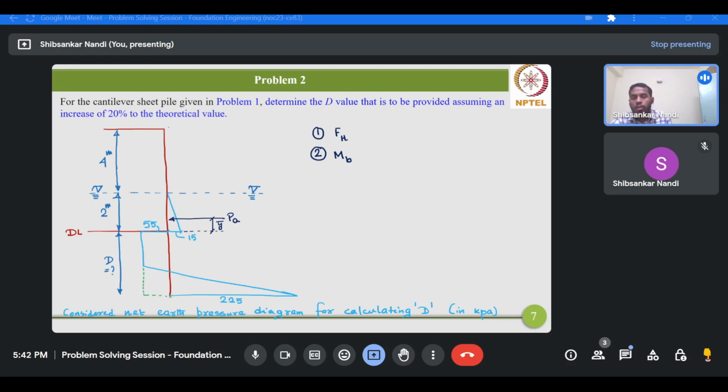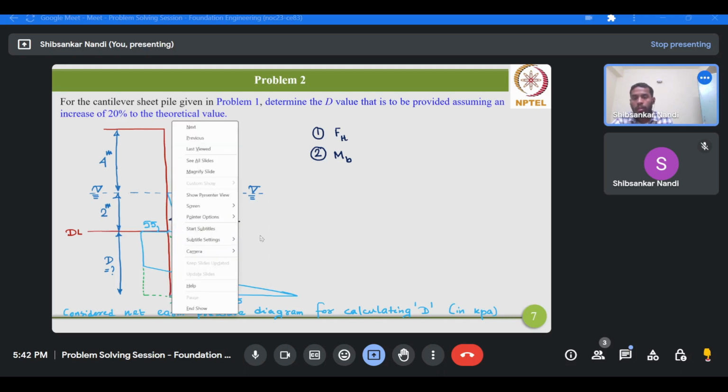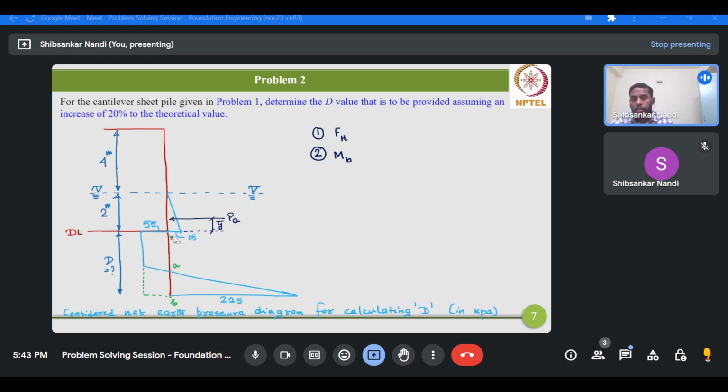So suppose this is your point B, this is your point A, this is your point C. Okay, C represents cohesion, therefore we can use a separate value D. This is your E, this is your F, G, H, I, and J. We have named the entire distribution in this fashion.